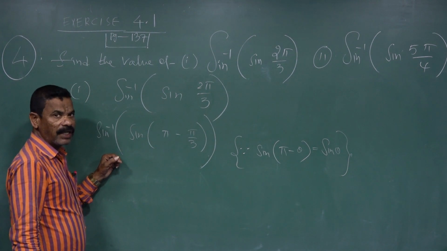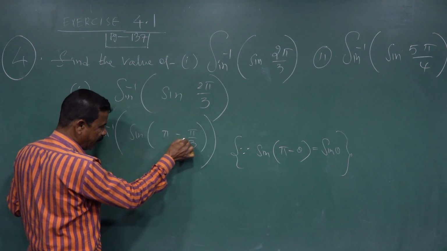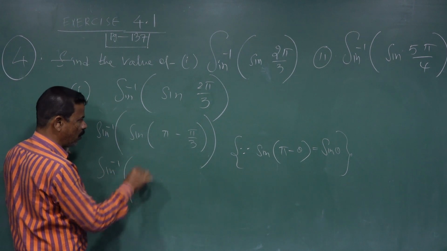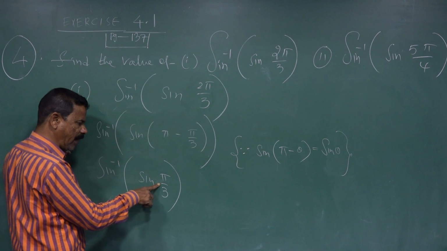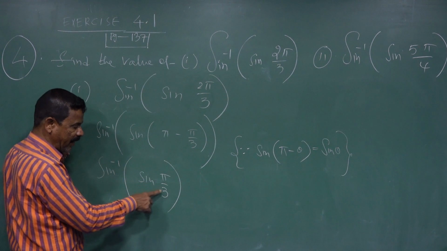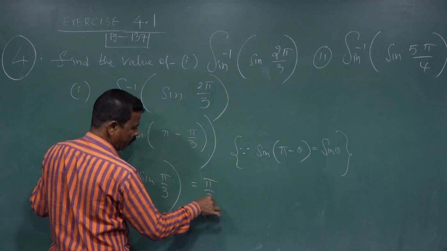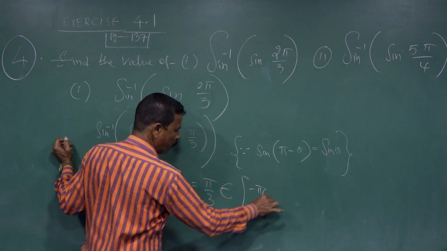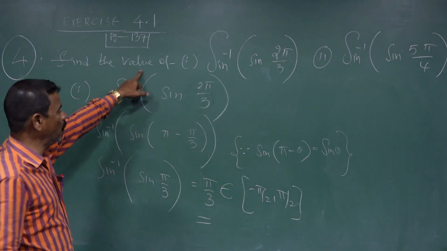It is the second quadrant, where sine is positive. That's why sin inverse of sin π by 3. Now this π by 3 is in the principal value domain, minus 90 to plus 90. That's why sin inverse of sin cancels and is equal to π by 3. Finally you write, this belongs to minus π by 2 to plus π by 2. This is the value. Here, find the value means principal value.